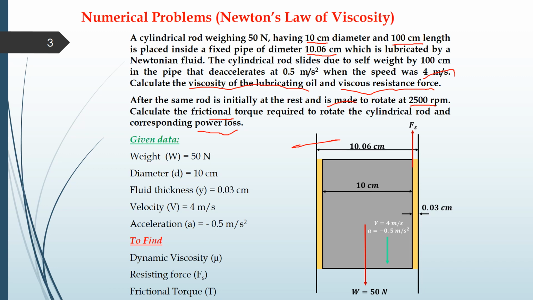Along with this, we have to calculate the power. So we will use Newton's law of viscosity, since we know that this fluid is a Newtonian fluid and the layer thickness is 0.03 centimeters. So we'll move towards the first part.